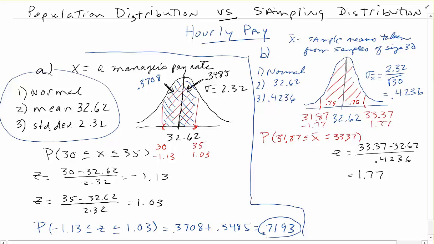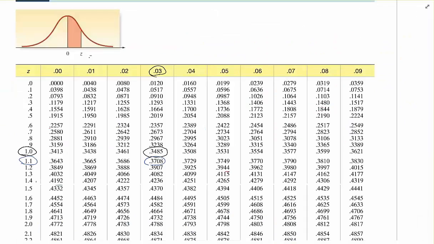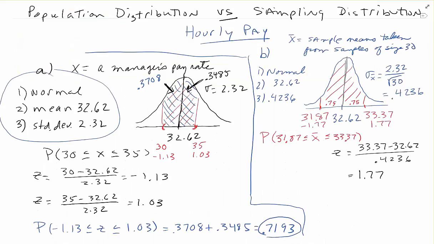But I just need to look up the 1.77. So I would go down to row 1.7, and then over to column 0.07, and I would get 0.4616. So I know that both of these sides are 0.4616.